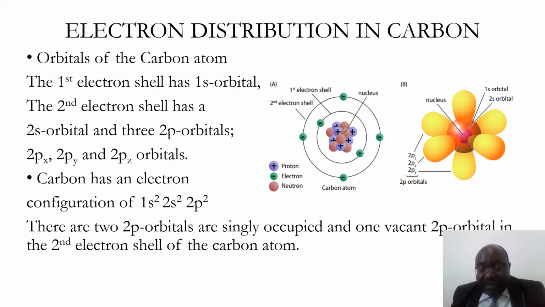They first occupy them singly. So there is an electron in the 2px and an electron in the 2py, but there are 0 electrons in the 2pz. That orbital which has 0 electrons is normally referred to as a vacant orbital. Therefore, there are 2 singly occupied 2p orbitals and 1 vacant 2p orbital in the second electron shell of the carbon atom.